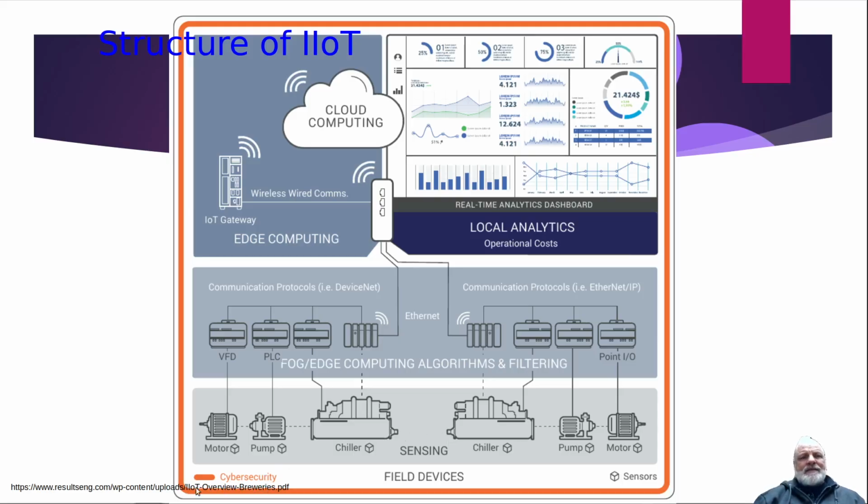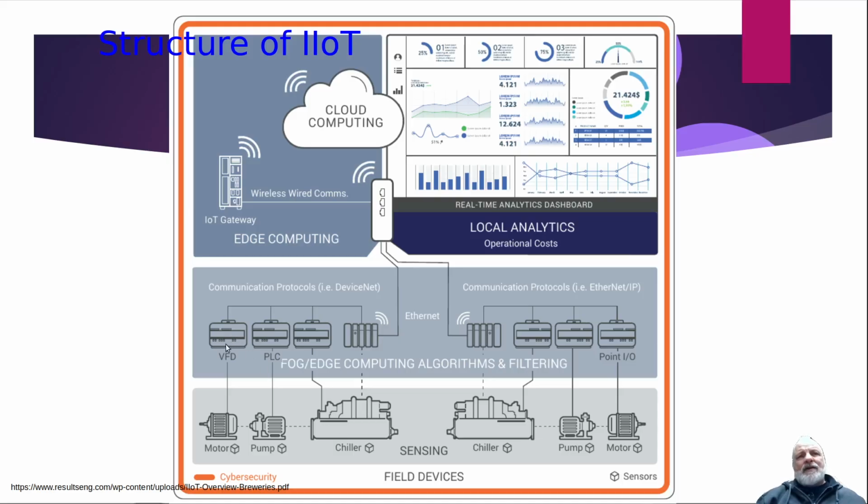As you can see, this particular slide, this picture came from breweries. So I guess we're looking at chilling beer or something in that case. So we're pumping heat away to chill the liquid in here.